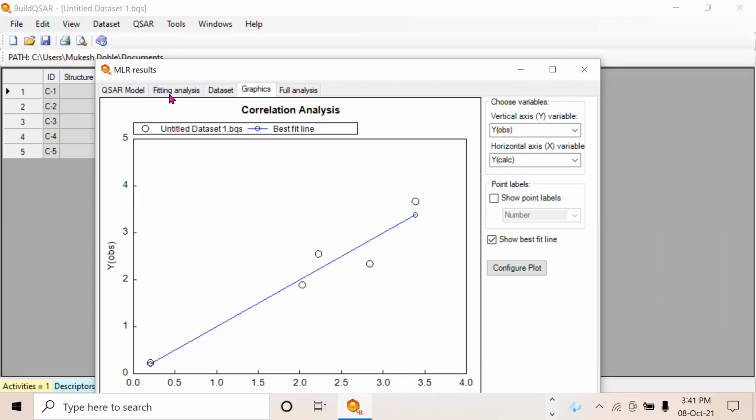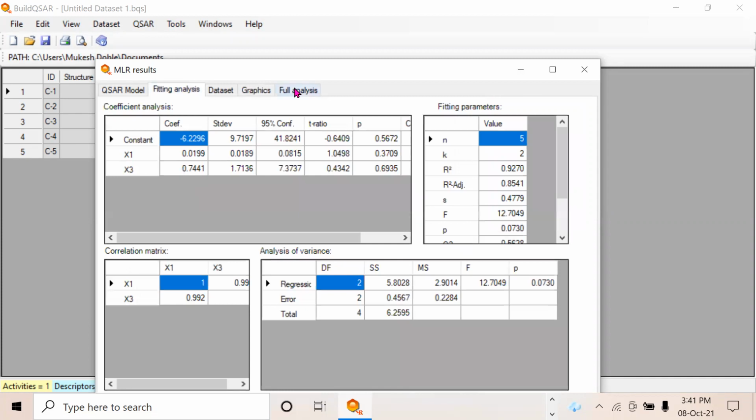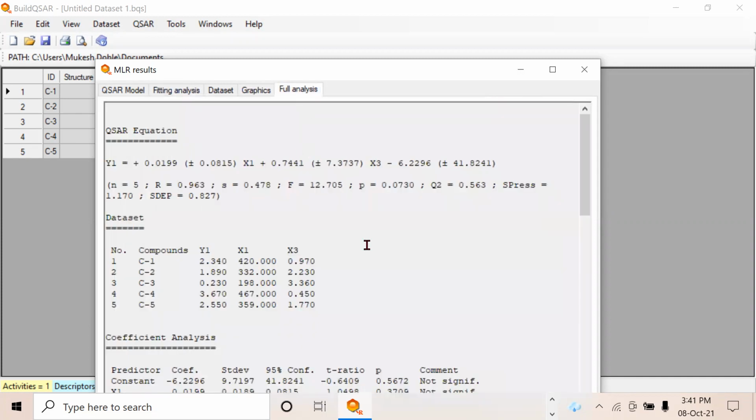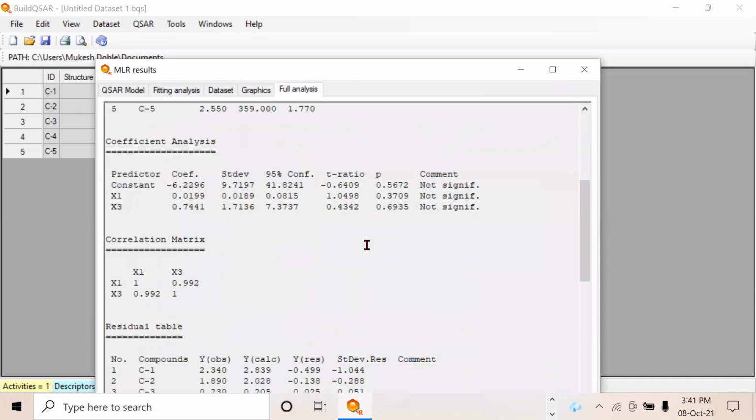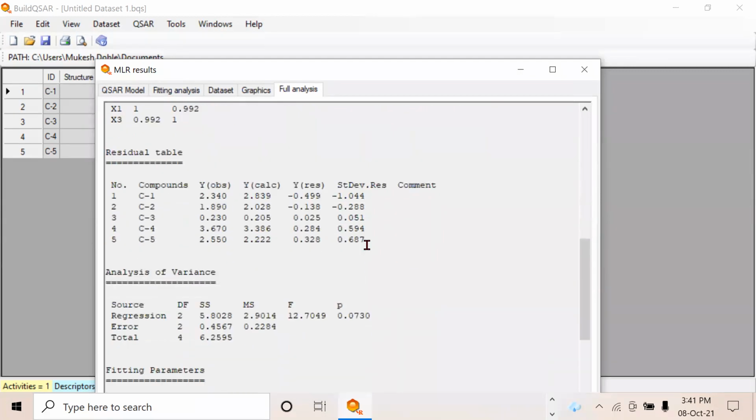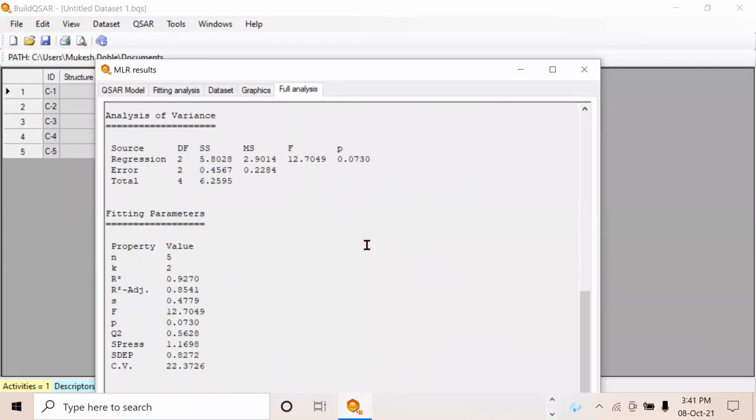So all those things, then it gives a lot of statistical analysis. So it gives a lot of analysis, ANOVA table. Excel also gives you all those things actually. So this Build QSAR can do the linear regression. It can do multiple linear regression.